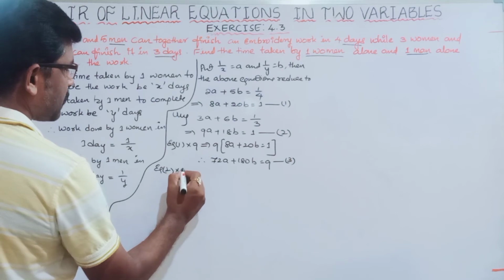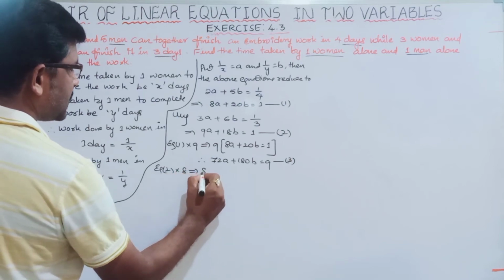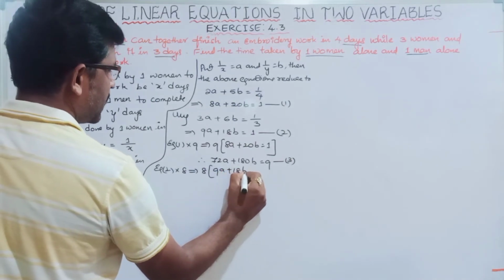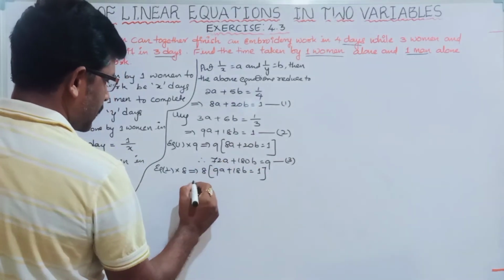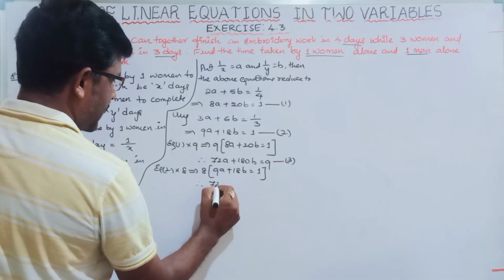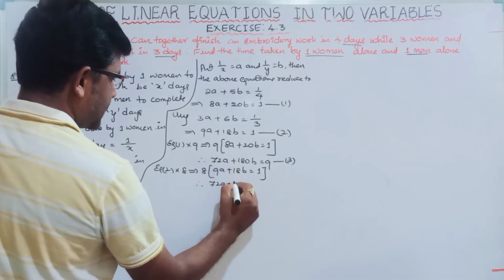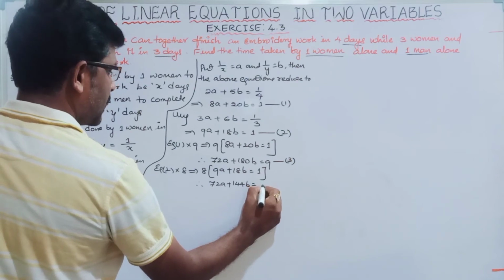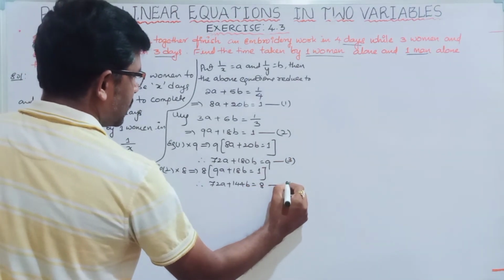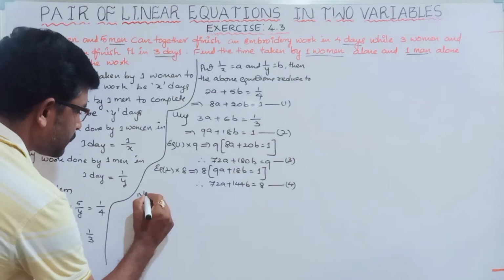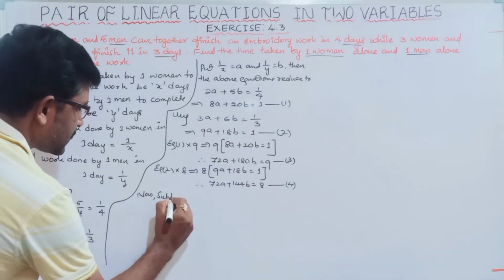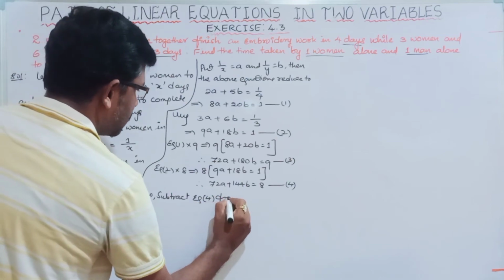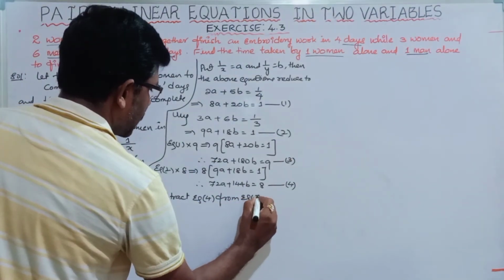Equation 2 multiply by 8. It implies 8 into 9a plus 18b is equals to 1. Therefore, 72a plus 144b is equals to 8. Equation 4. Now, subtract equation 4 from equation 3.